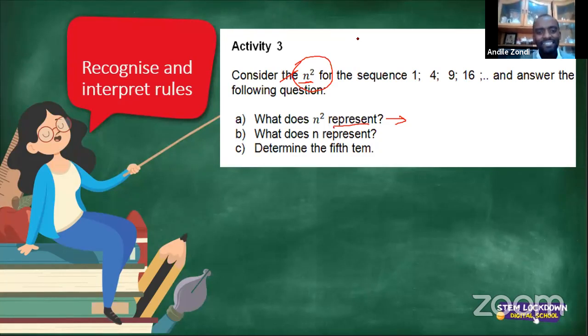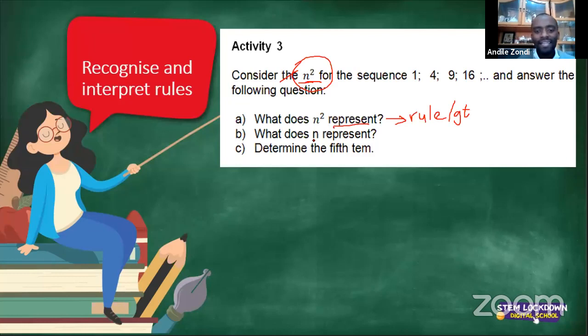Maybe my picture was not clear, but this is the rule of the general term.